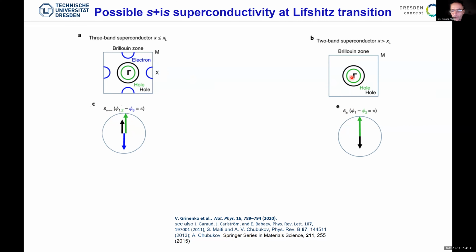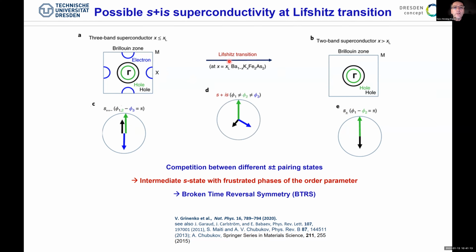And that means somewhere in between, you have this Lifshitz transition where this electron band is lost, and then you can have something which is called incipient band superconductivity. When the electron band has just moved away from the Fermi surface, but still the difference from the Fermi level is smaller than the possible gap energy, then it can still contribute a little bit, and it can carry some Cooper pairs on the Fermi surface.